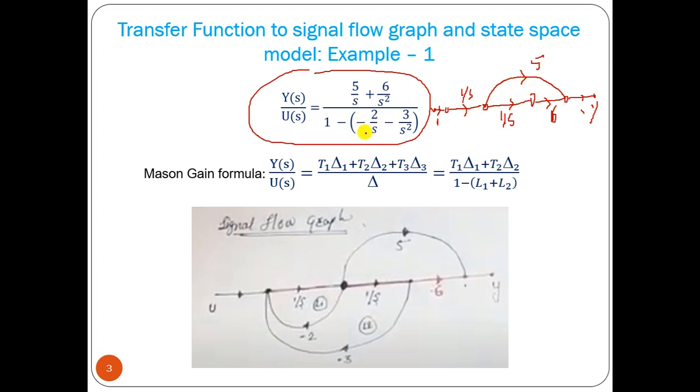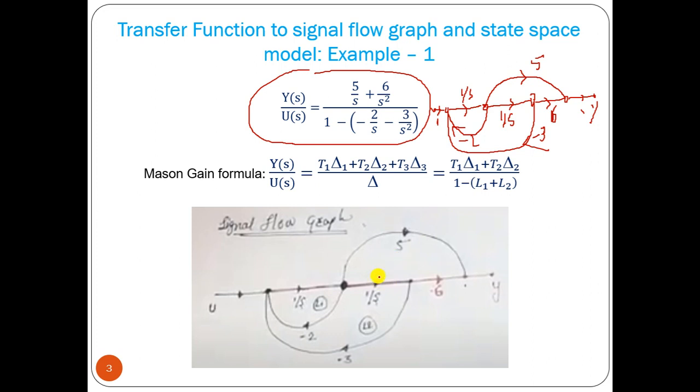Now for the loops. We have 2 by s, so here we have 1 by s with a value of minus 2. Another is 3 by s square, so 1 by s into 1 by s, 1 by s square, and we connect this with a gain of minus 3, giving minus 3 by s square.